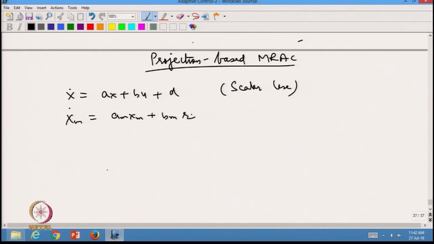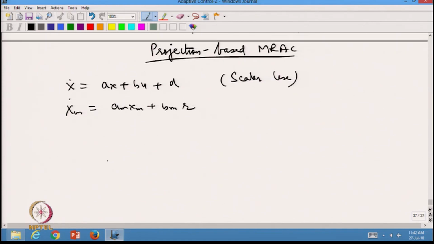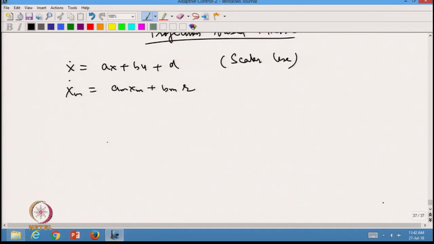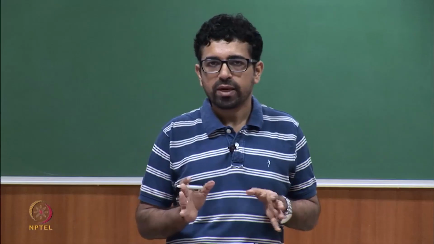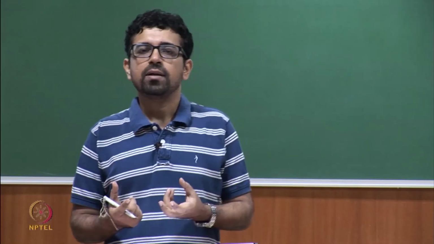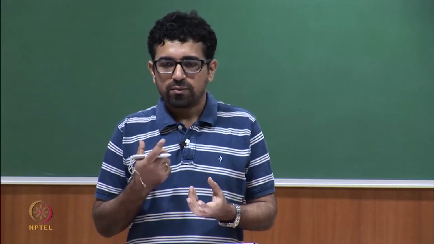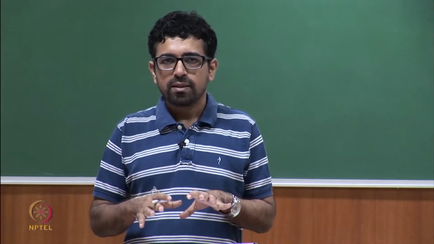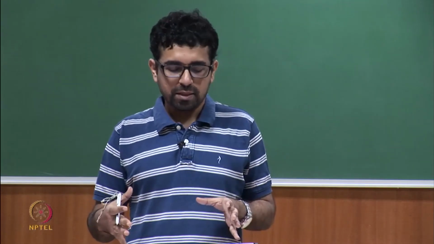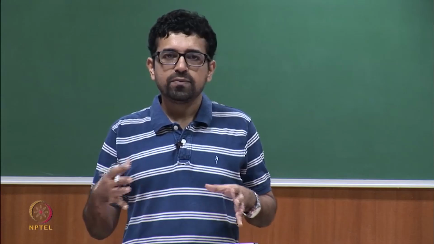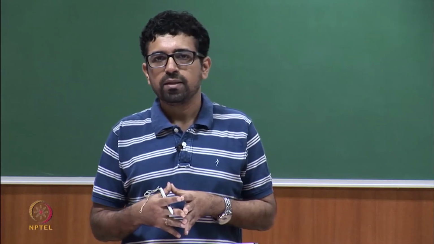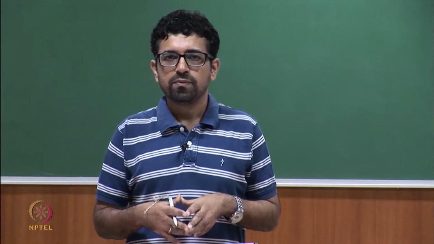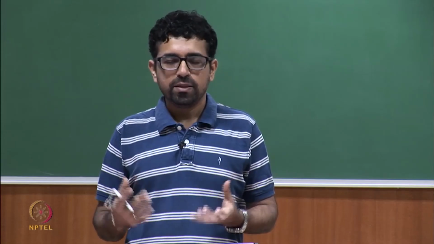The standard matching conditions are satisfied. Although we consider a scalar case here, because we want to showcase the projection based modification and not complicate the analysis by considering a vector case, you can trivially extend this to the case where you have A and B matrices.